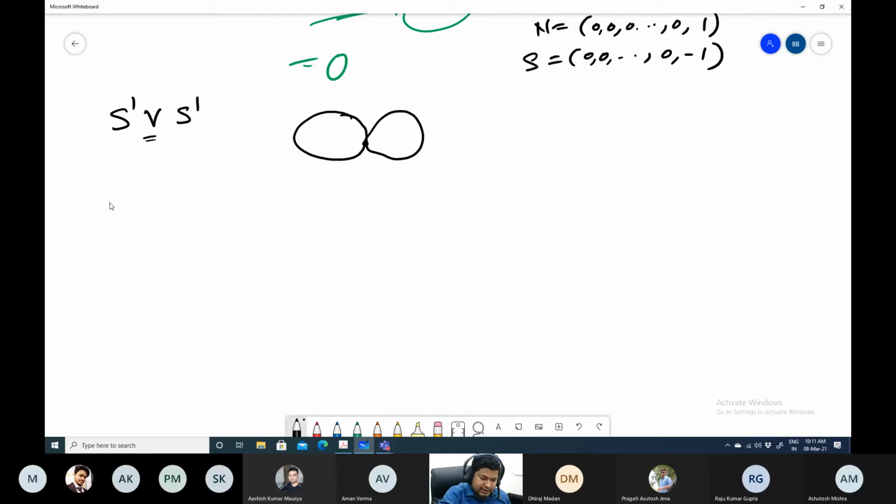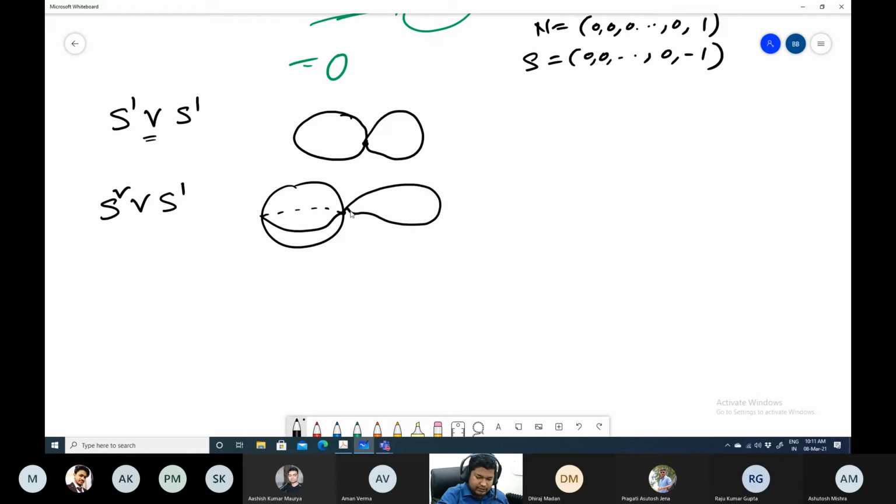Similarly, if you have S2 wedge S1, you have a sphere and a circle, and they share a common vertex.